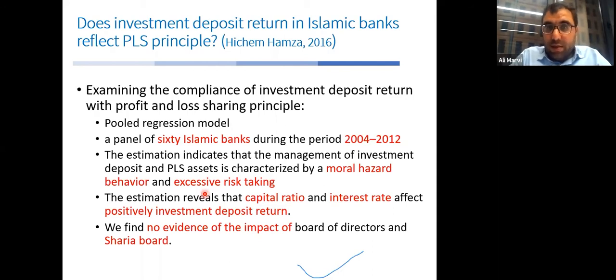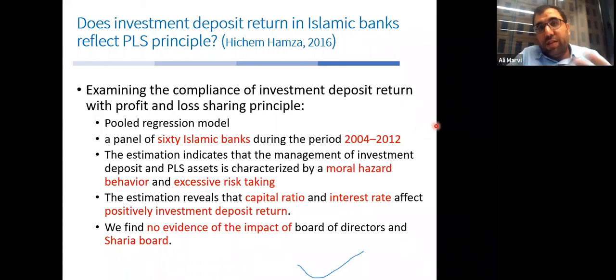And he found that there is no evidence of the impact of the Sharia board on the rate of return. So the rate of return of PLS contracts is irrelevant to the existence of the Sharia board or the level of their effort.